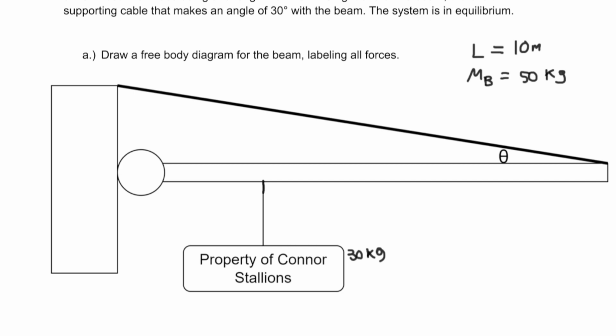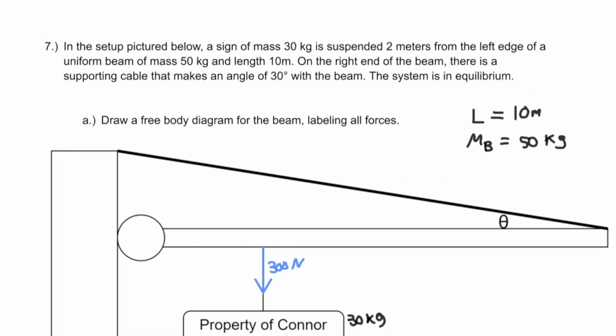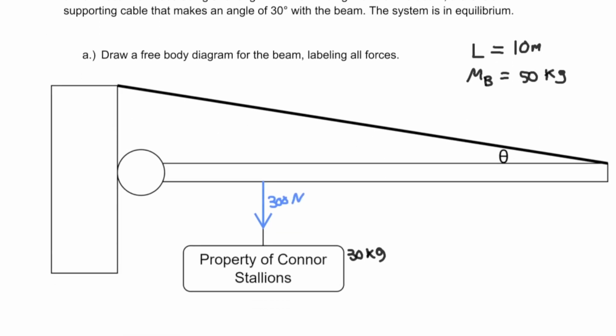And since tension always points along the rope, that means that the sign's weight force is the same thing as this blue arrow down here, because we're just drawing it on the beam. So that's going to be 300 newtons. And we're also given that the sign is 2 meters away from the left edge of the beam. So D is equal to 2 meters here.